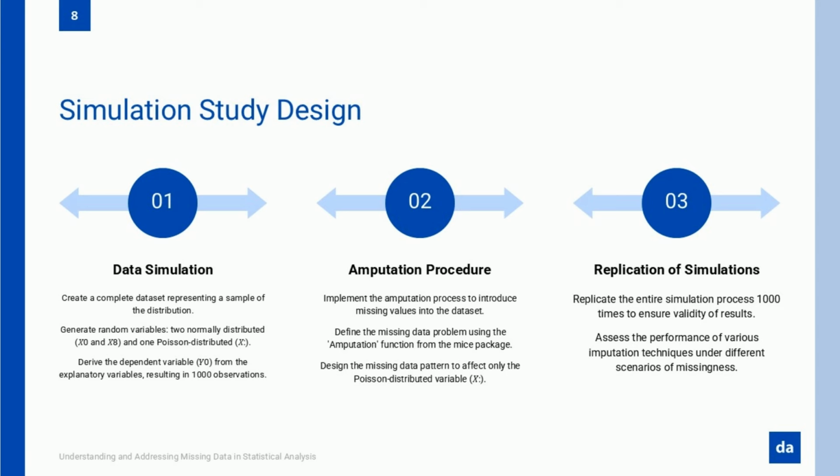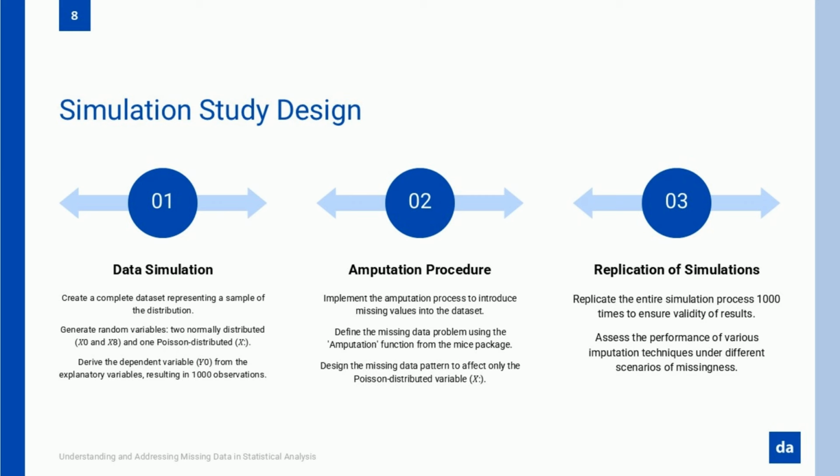Next, we introduce missingness into the dataset. This step is called amputation, and while it might sound harsh, it's essential to mimic real-world challenges where data is incomplete. Using the amputation function from the mice package, a controlled missing data pattern is introduced. In this study, missing values are applied specifically to the Poisson distributed variable, x.